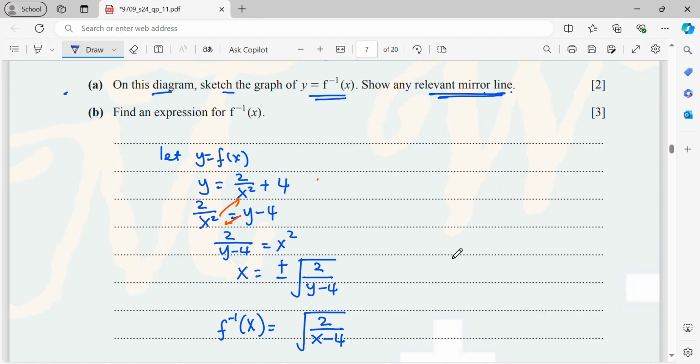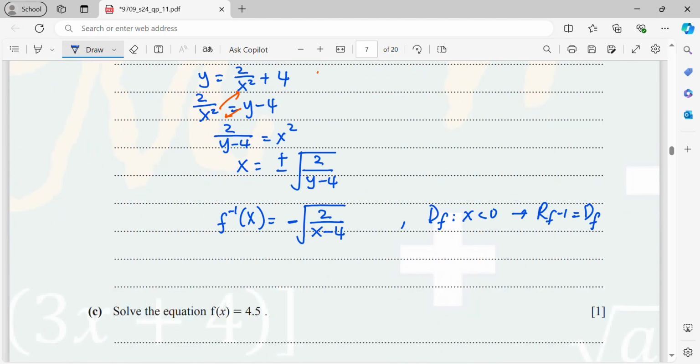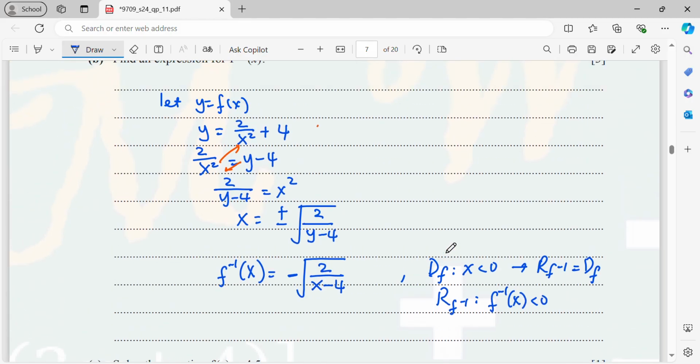Therefore, I have to put negative. What's the reason? Because the domain of f, x, is less than 0. Therefore, range of f inverse equals domain of f. So this helps me decide whether f inverse is positive or negative. Okay, done for the inverse function.